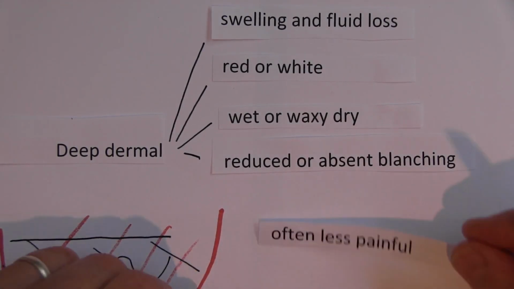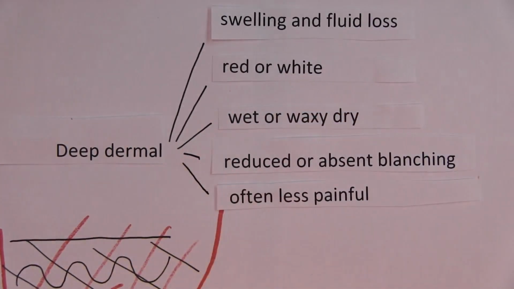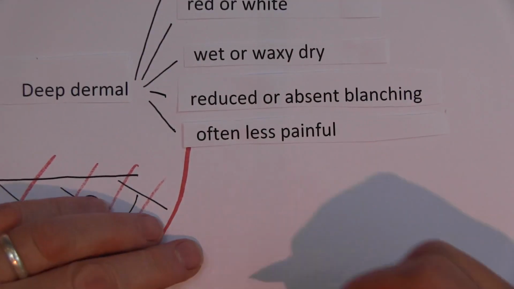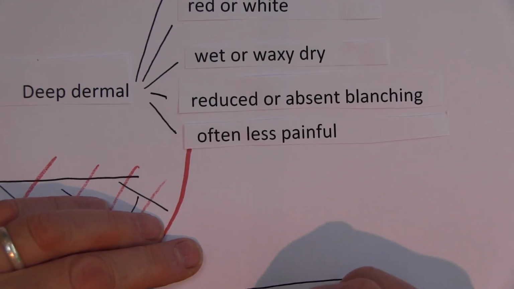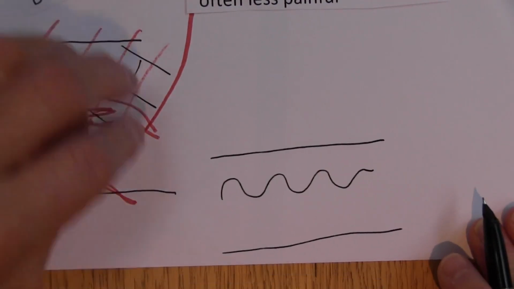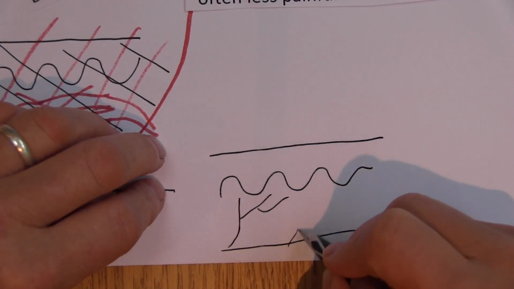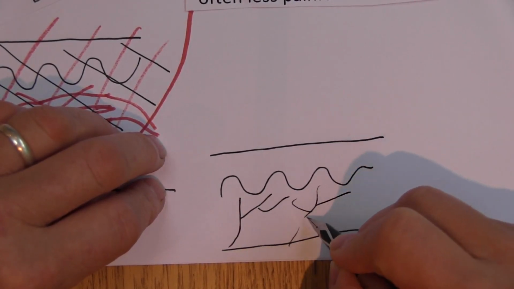And these burns are often less painful in the area of the burn. So again, if we think of the skin here, the epidermis, the dermis, we know that the nociceptors are spread throughout the dermis.